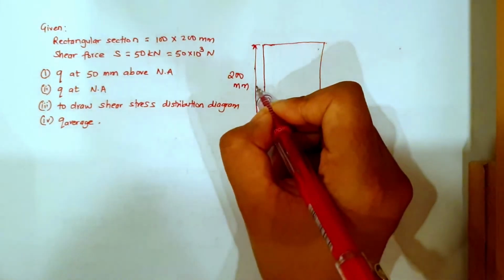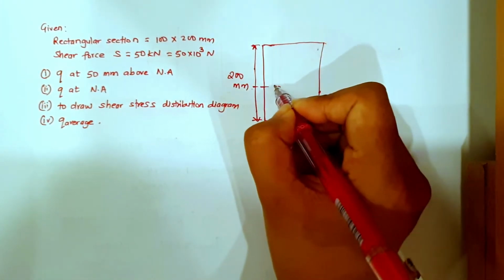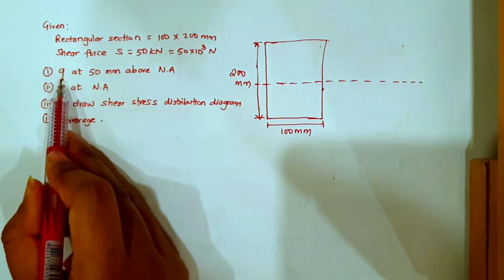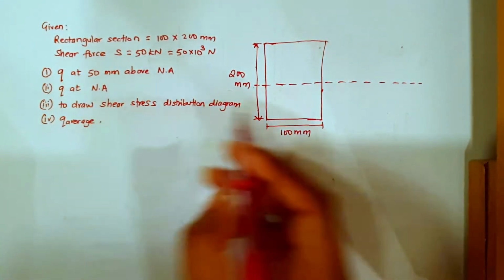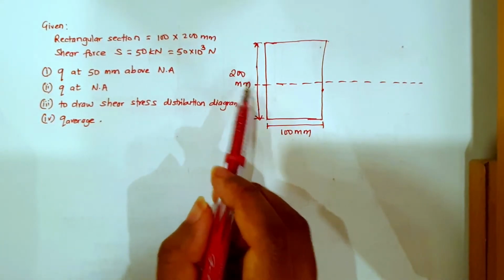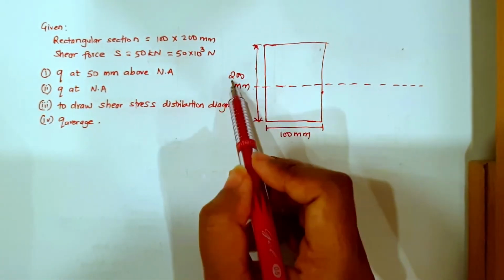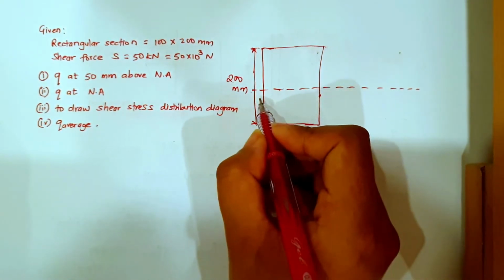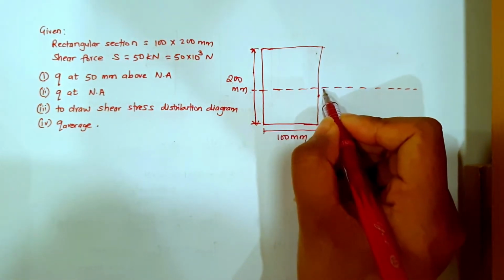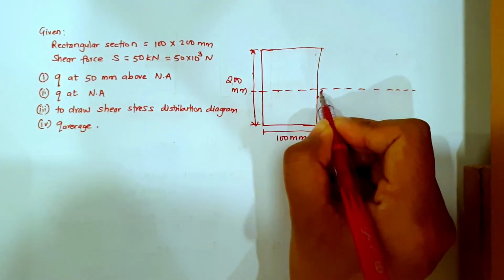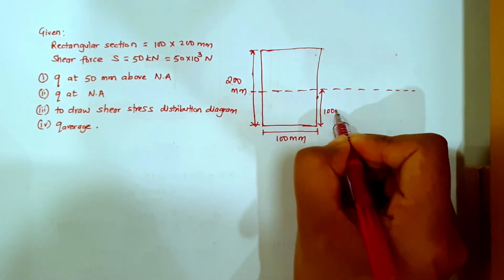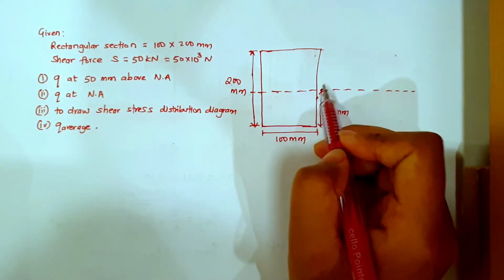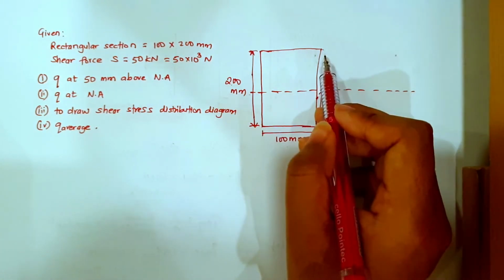For this section, let us say that the neutral axis is passing from here. Now I'm going to divide, okay? The total depth is 200. This kind of section is a symmetrical section. So from here to here it will be 100 mm, half, right? Now from this neutral axis above this line, it will be 100.